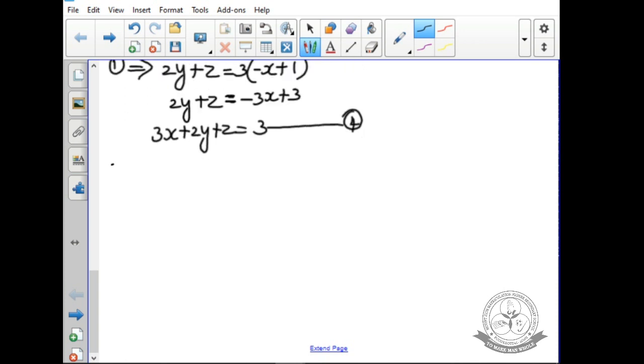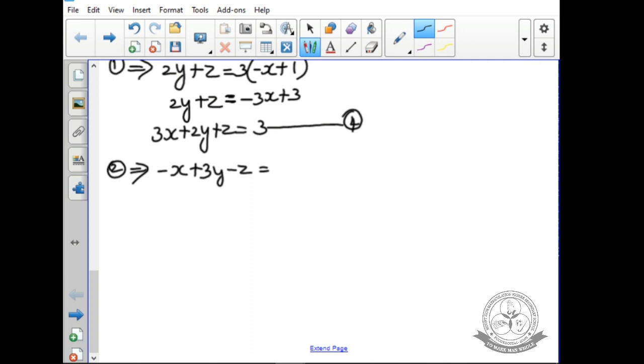Now take the second equation, it is not in the correct form either. So the second equation is minus x plus 3y minus z equal to minus 2.